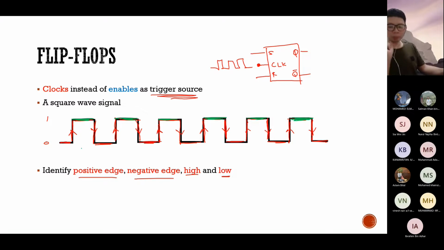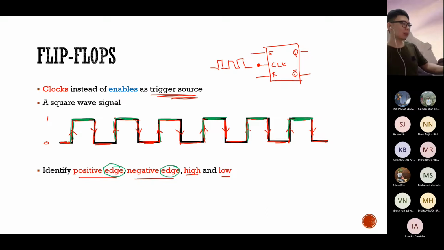But for a flip-flop, take note, it will function only at the edges. It will function at this vertical line for the positive edge, or it can also function on the negative edge. We'll talk about both of these cases.